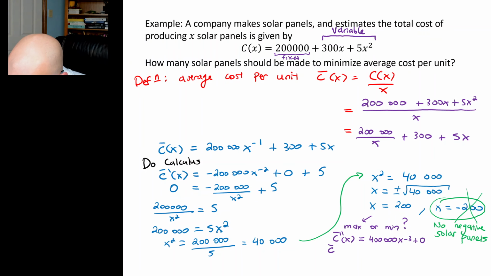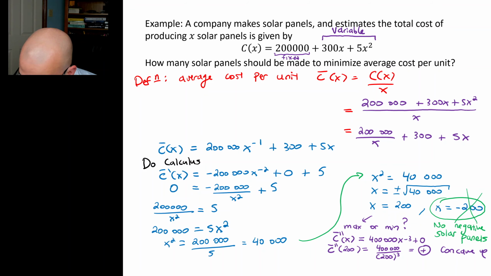Then we evaluate this at 200. It's going to be some gigantic number, 400,000 divided by 200 cubed, which is positive. So it's concave up, so it is a min. x equals 200 is the min, and we're after the min. We're looking to minimize this cost.